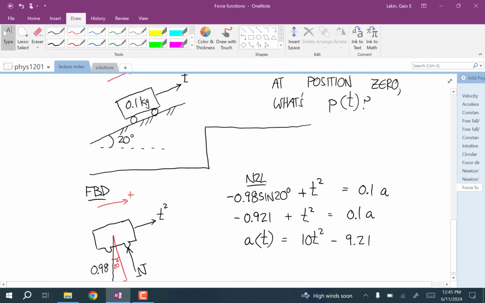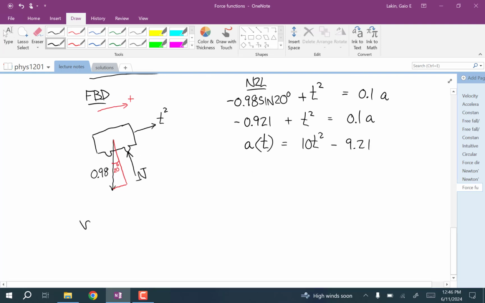What we really want is the position as a function of time, but we know that if we have the acceleration as a function of time, we can get the velocity by integrating with respect to time. So the velocity is equal to the integral of 10t squared minus 9.21 dt.